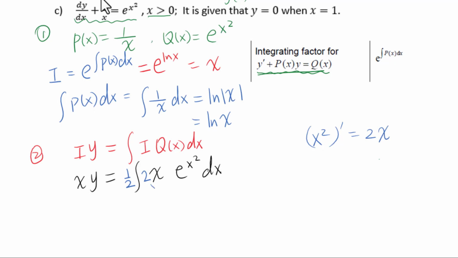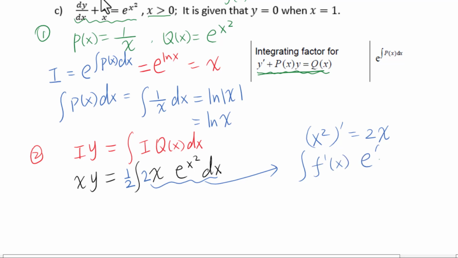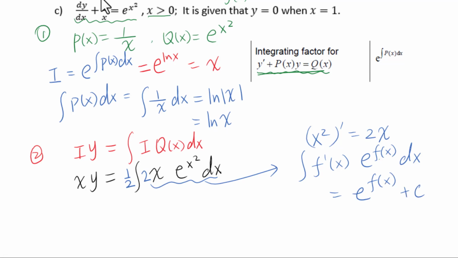So we get this pattern: the integral of f prime of x e to the f of x power dx equals e to the f of x power plus c. So we get 1/2 e to the x squared power plus c.